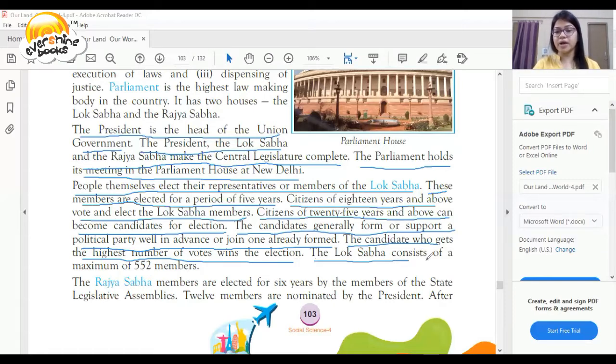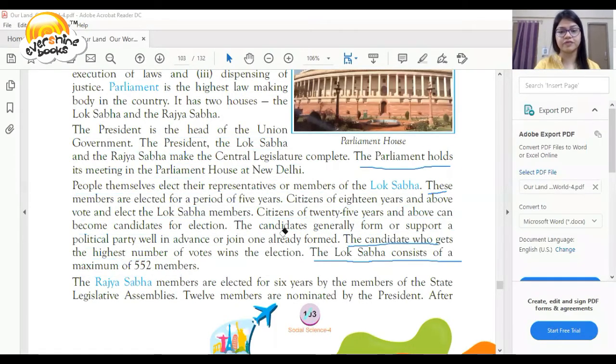The Lok Sabha consists of a maximum of 552 members. So again, this is a very important question. How many maximum members does the Lok Sabha consist of? So the Lok Sabha consists of a maximum of 552 members. कितने members होने चाहिए? 552 members होते हैं Lok Sabha में.